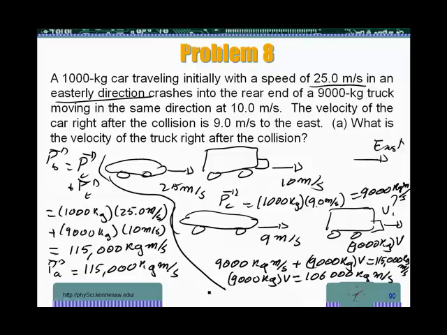And then my v is 106,000 kilogram meters per second divided by 9,000. That gives us 11.8 meters per second. That's the velocity of my truck.